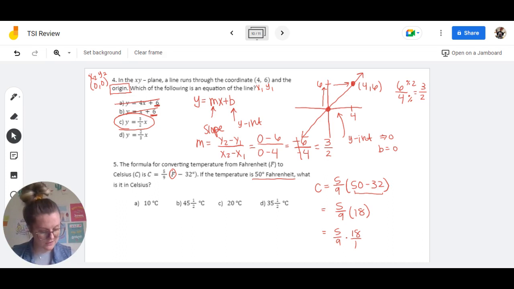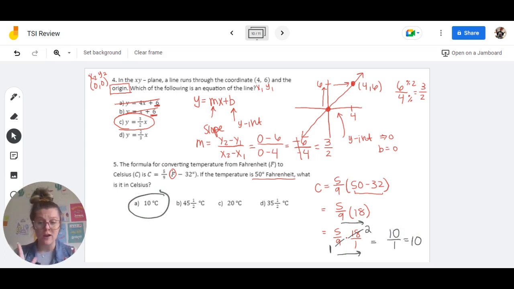So looking at these, I noticed that 9 and 18 can both be divided by 9. So 9 divided by 9 is 1. 18 divided by 9 is 2. And now when I multiply tops and bottoms, 5 times 2 is 10. 1 times 1 is 1. And that gives me a simplified answer of 10, which is my answer choice here.